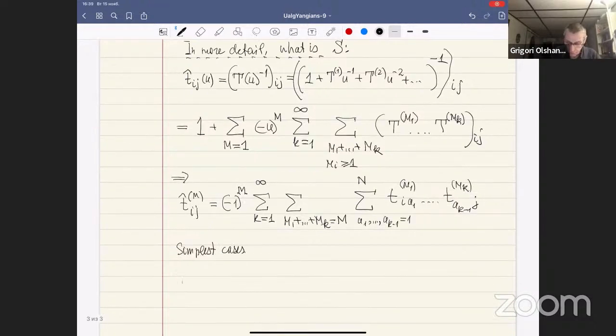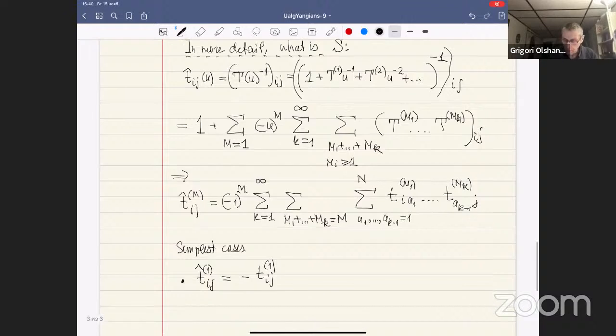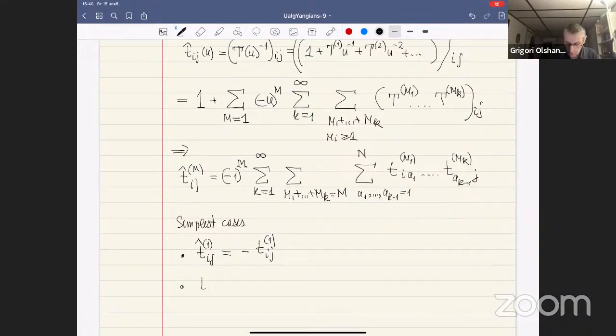So first of all, from this we have Tij1 hat. Okay, this is, I'm sorry, minus. Okay, this is more or less evident. And I want to compute the next example, and this is as follows.